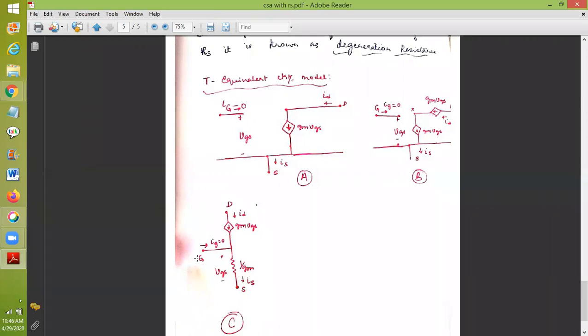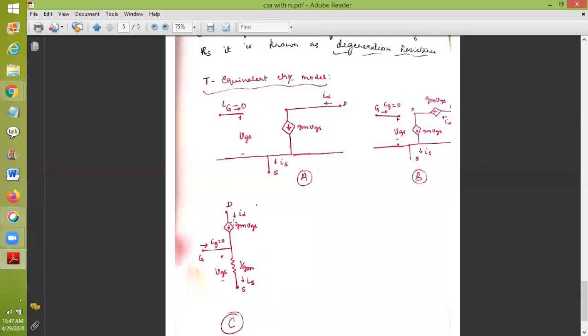I repeat, if there is source resistance present, we have to draw the equivalent circuit using the T model. If there is no source resistance present, we represent it by the pi model. So this is the pi model, this is the T model. What is this model known as? The T model.